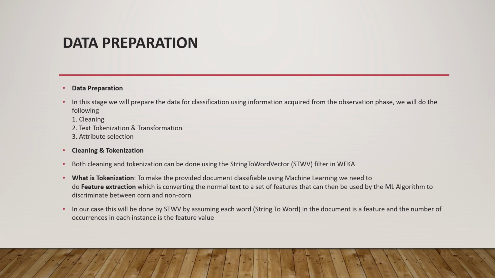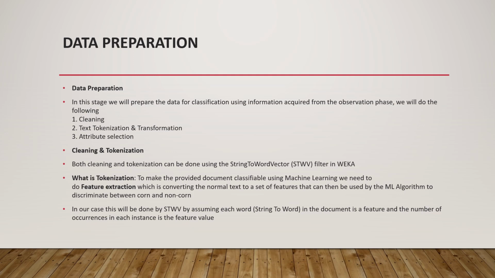What is tokenization? To make the document classifiable using machine learning, we need to do feature extraction, which uses tokenization of each word given in the document after conversion of the string to a word vector, which is converting the normal text to a set of features that can be used by the machine learning algorithm to discriminate between the con and non-con words.